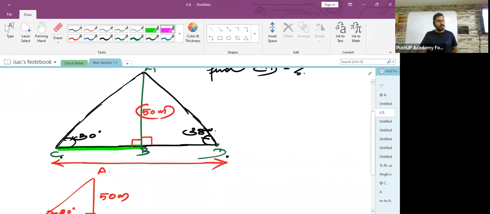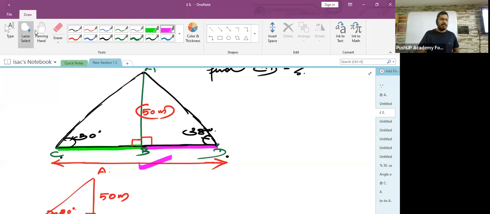After finding CB, what should we find? Very good. We should find BD, isn't it? First, we should find the value of BC, then we should find the value of BD. And then if we find the sum of BC and BD, you will get the value of CD. Does that make sense?